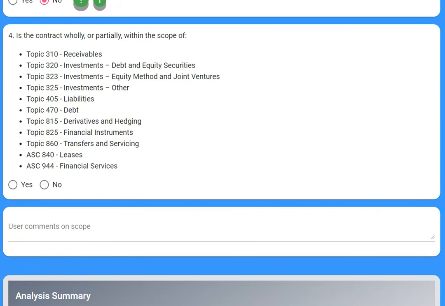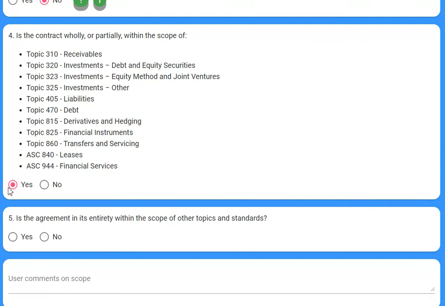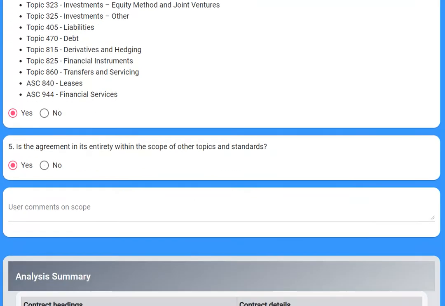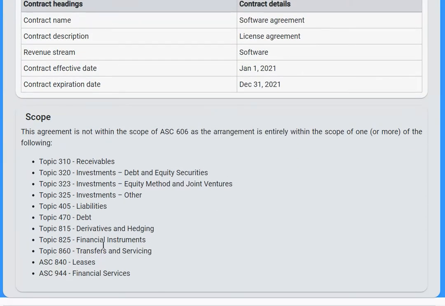Notice the question though. The question asks, is it wholly or partially within the scope of the other area of literature? If you say yes, now the question is, is the agreement entirely within the scope of the other literature? If you answer yes to that, the analysis ends. You can see here basically what this is saying is that the contract is now outside of the scope of 606 because it is within the scope of one of these areas of literature.